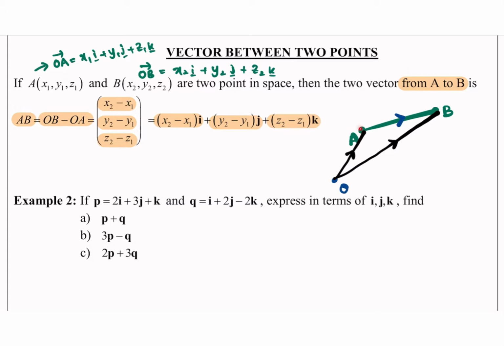Okay. Nah, dapatkan vektor AB, dia adalah AO plus OB. AO ni, dia adalah negatif. Dia adalah tertukar direction dengan OA. Okay, so that's why lah, bila dia tertukar je direction, dia akan jadi negative vector. So that's why dekat sini dia akan jadi minus OA. So sini actually adalah negative vector lah, negative OA. Okay, so that's why dekat sini akan jadi negative OA tambah OB. Okay, ataupun kita susun dia sebagai OB tolak OA.